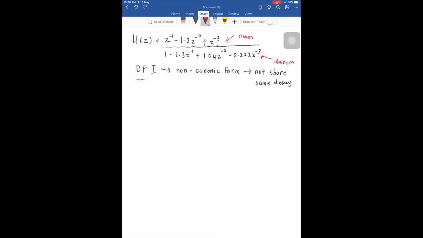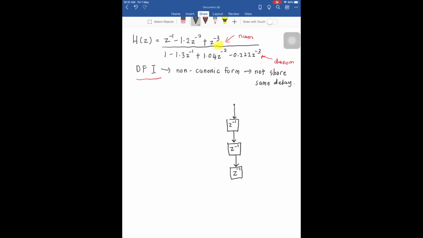For direct form 1, we start with the numerator part. The highest degree is 3, so we have 3 delays. For the delays, make sure you put z minus 1, z minus 1, z minus 1. You cannot put z minus 1, z minus 2, z minus 3 for this one. Why?